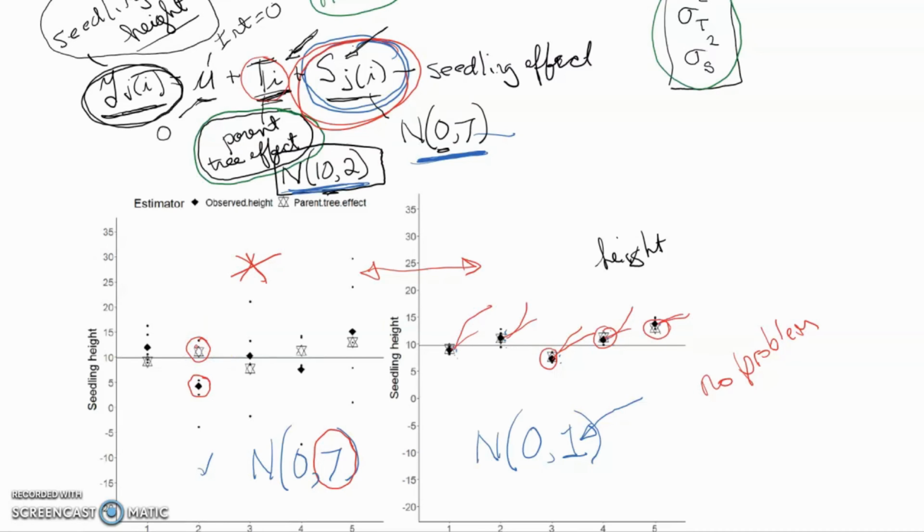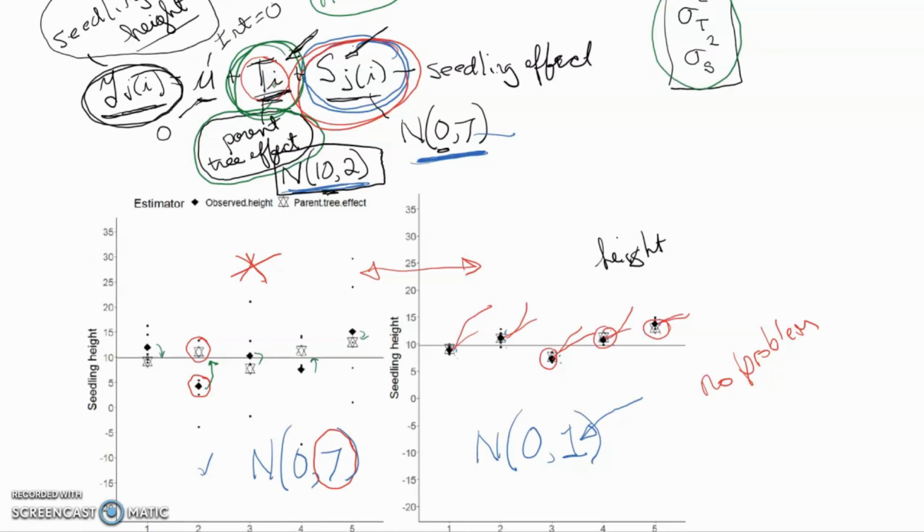So we're going to try to correct for that through a process known as shrinkage. It'll be explained more in the next video, but the idea is we're going to take each one of these observed values and we're going to shrink those towards the mean, and in doing so, we're going to get a better estimate of what the true parent tree effect is.